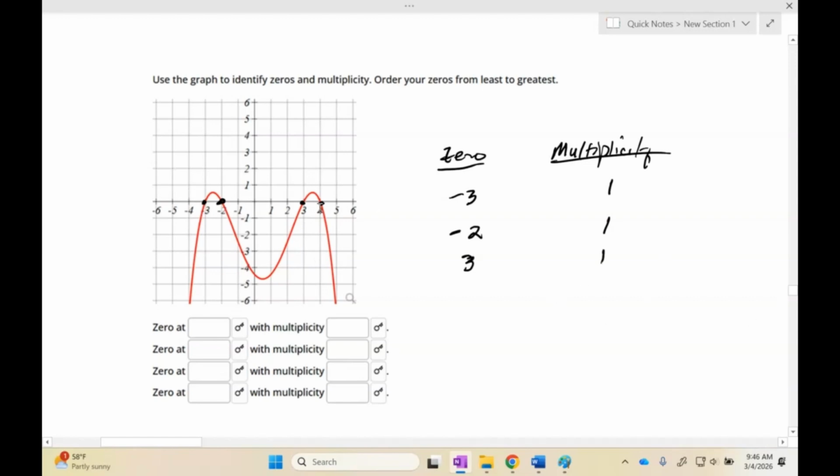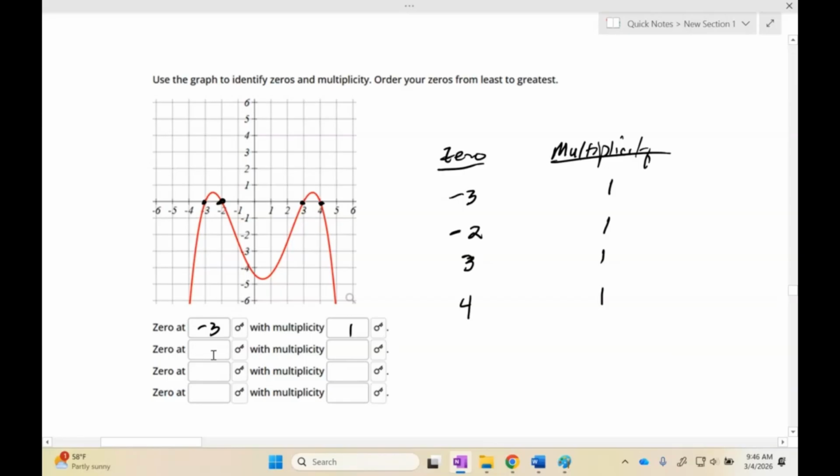So the 0 is +3, the multiplicity is 1, and then that last 0 is 4, and it has a multiplicity of 1. So those are my solutions. It's a 0 at -3, its multiplicity is 1. Notice I'm writing these as true zeros, not as linear factors.